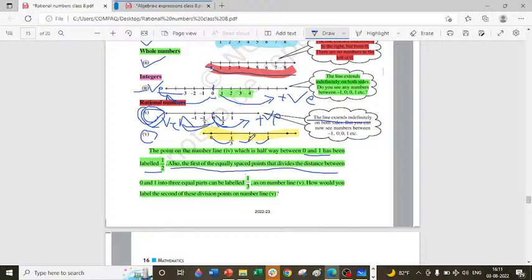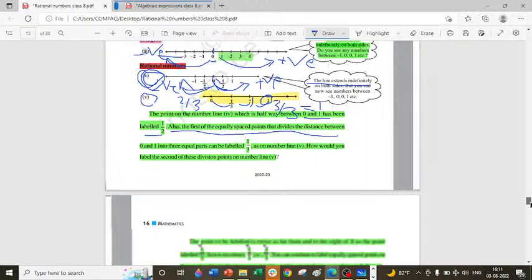So the next number would be 2/3. Okay, the second number, the rational number that comes after 1/3 would be 2/3. Okay, and the third, so on we are going to do 3/3, and when we simplify 3/3 we would get 1. So 3 divided by 3 is nothing but 1. So we get 1 over here.